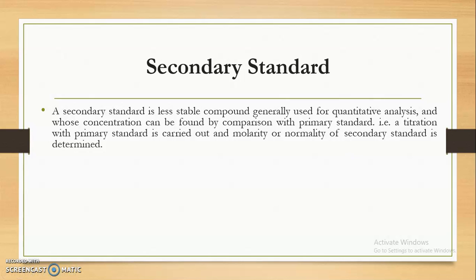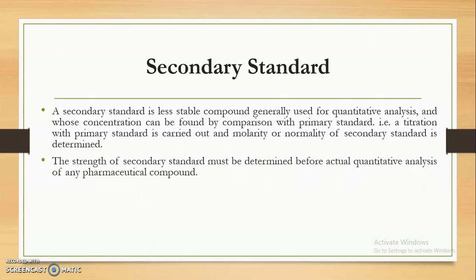You have to remember that whenever we prepare the solution of a secondary standard, we have to carry out standardization against the primary standard. The strength of a secondary standard must be determined before actual quantitative analysis of any pharmaceutical compound.